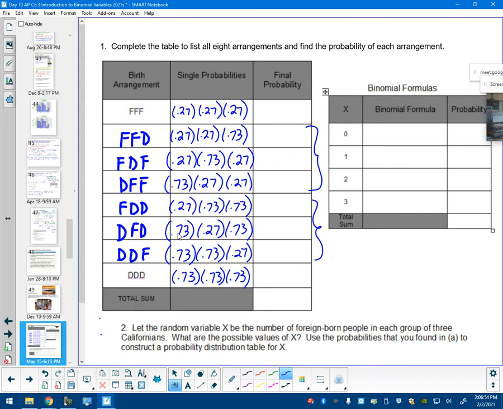Okay, so I think it was Marcus. What did you get for the 0.27 to the third? 0.019683. And I do want all the decimal pieces, please. Okay, Nick, what did you get for the next one? 0.053217. And we have that 3 times.